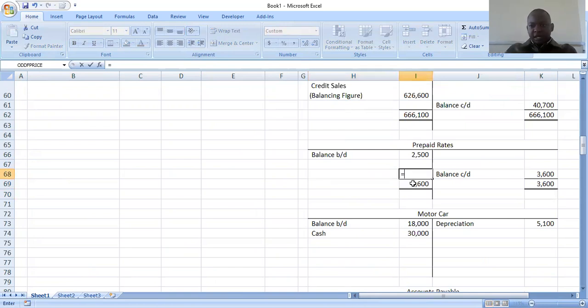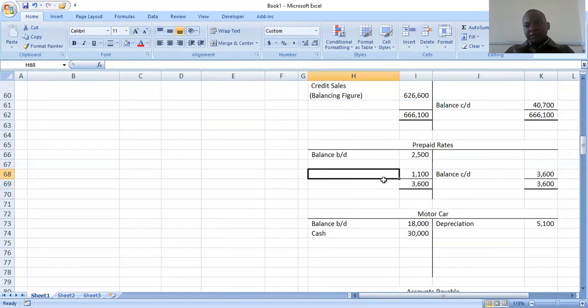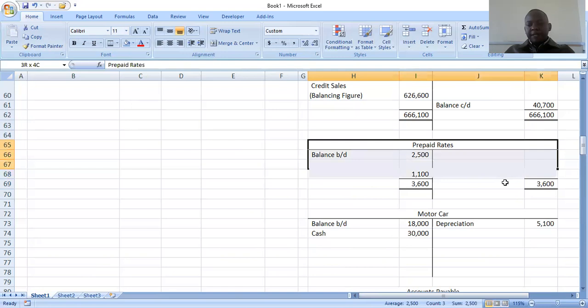The difference between the two sides is 3,600 minus 2,500, which is 1,100, which is a balancing figure. So in this case, prepaid rates are assets. Yeah? We say that prepaid rates is a current asset. This is a prepaid expense, and prepaid expenses should be treated as current assets.